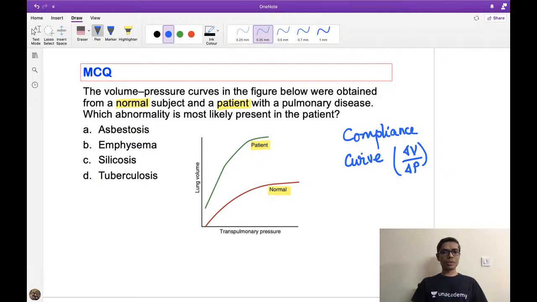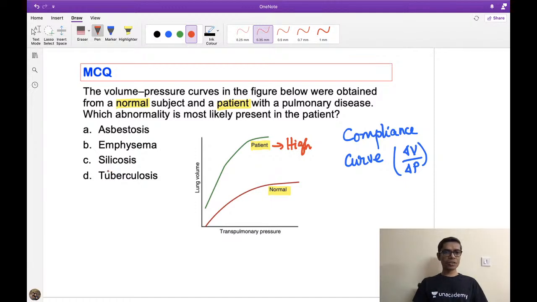In this patient, the compliance curve is above the normal curve. So I can infer that the patient has higher compliance than normal. Looking at the diseases, asbestosis, silicosis and tuberculosis all come under restrictive lung diseases, because in all of them there will be fibrosis deposition in the parenchymal tissue.